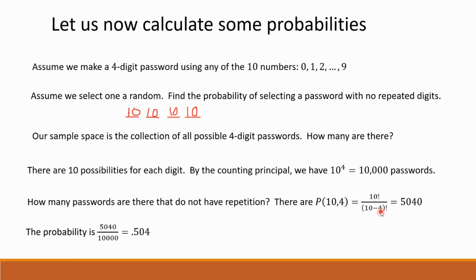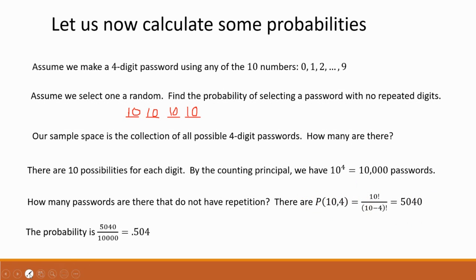So if I interchange any 2 digits, you will get another password, for instance. So P of 10, 4, these are all the passwords that have no repetition. Order still matters, but now we're taking away repetition.